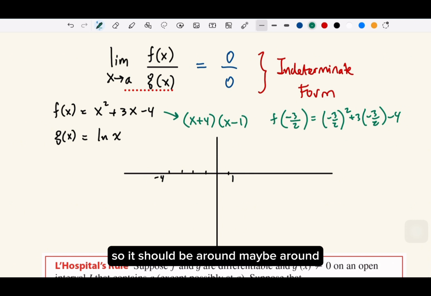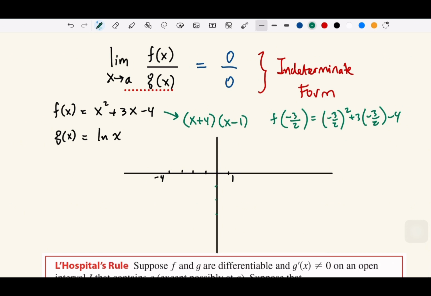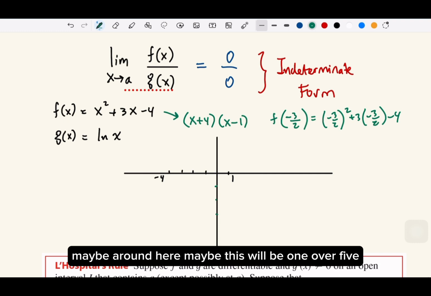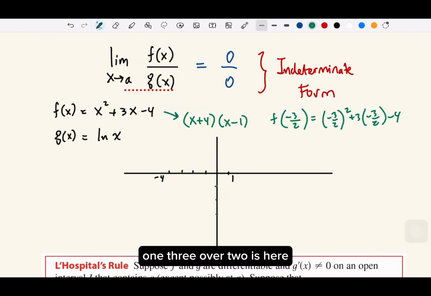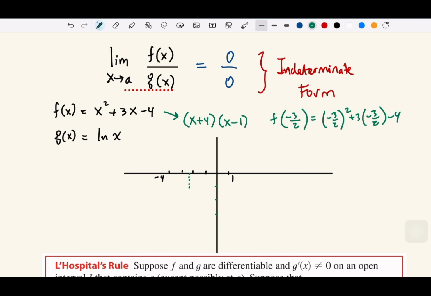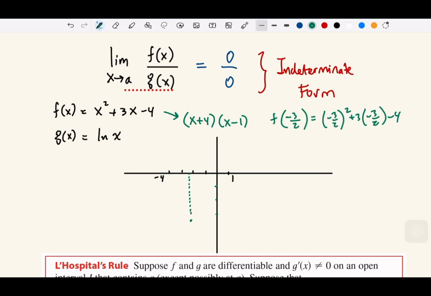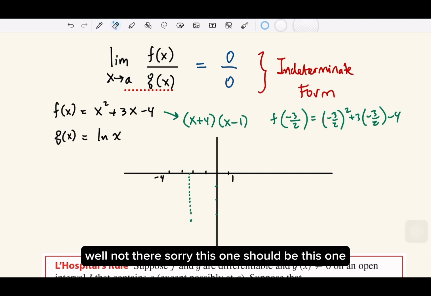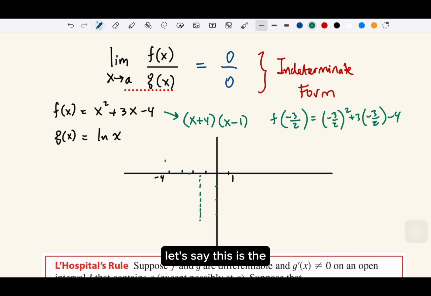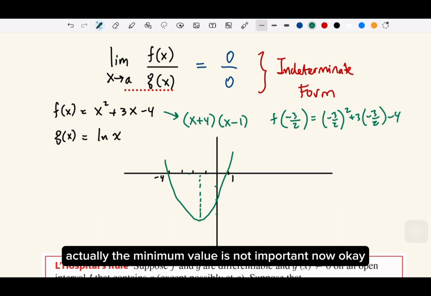So it should be around here. Maybe this will be 1 over 5, 3 over 2 is here. Let's say around there. Well, not there, sorry, this one. Let's say this is the minimum value. Actually, the minimum value is not important now.